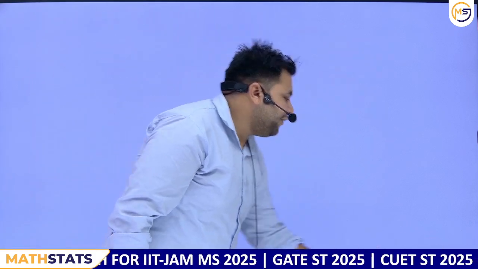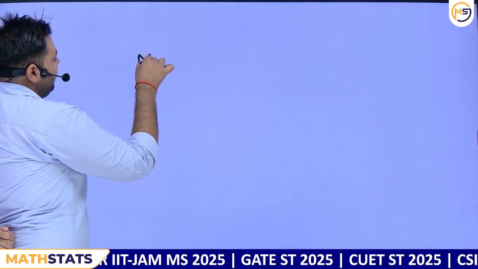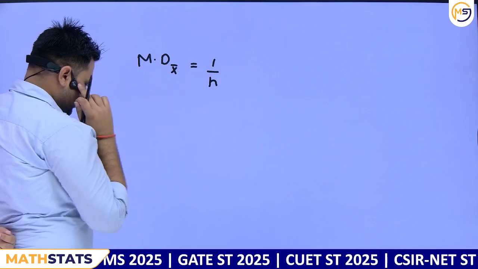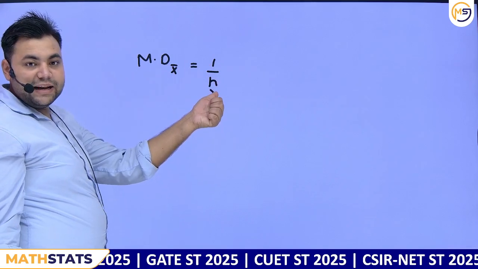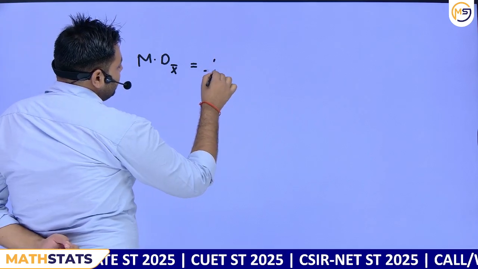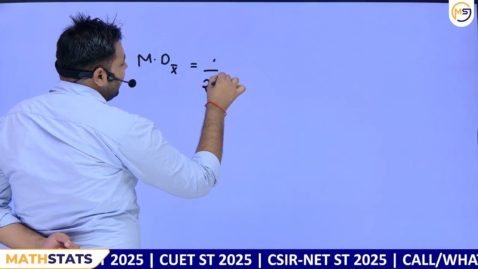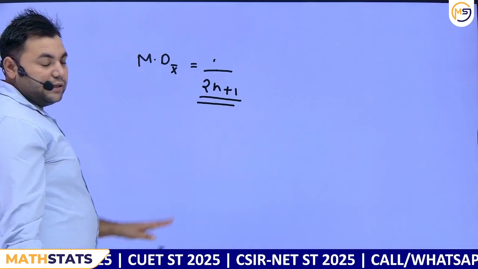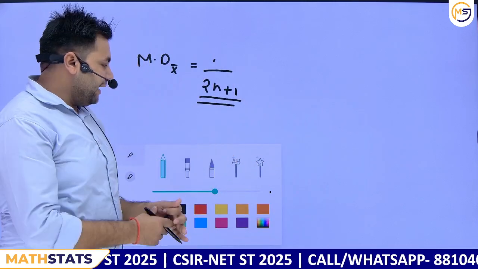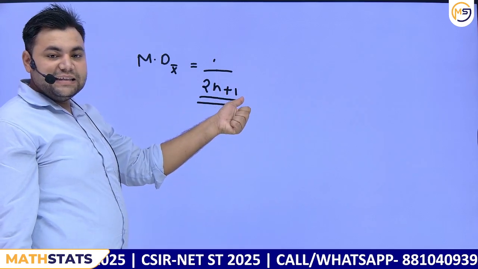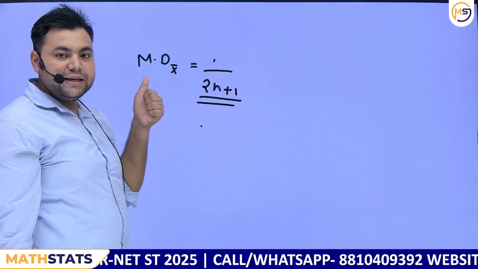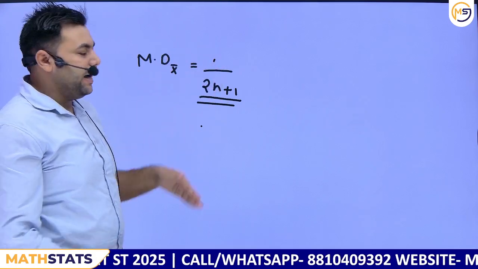So now what is the formula of mean deviation about mean? Mean deviation about mean equals 1 by n, but remember here n equals the number of terms, which is 2n plus 1. Why is this 2n plus 1? Because here there are 2n plus 1 terms. If there were n terms I would write n.